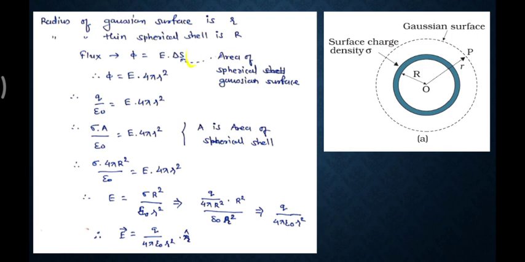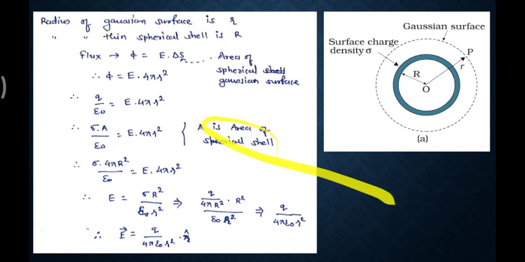Integrating over all of it, the total area of this Gaussian surface is 4 pi r square. Okay, so phi is equal to E times 4 pi r square, and using Gauss law, q upon epsilon 0 is equal to E 4 pi r square. And q reduces, using the continuous charge distribution, to sigma times A.